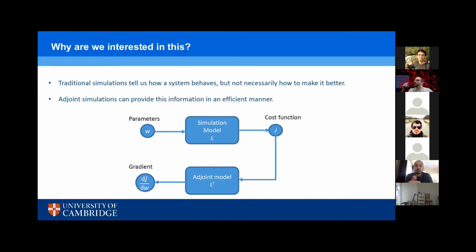So we are able to obtain the gradients of the cost function with respect to all the parameters that we might be interested in just one single simulation. So you do not need to repetitively perturb the parameters to find out their effect on a cost function.